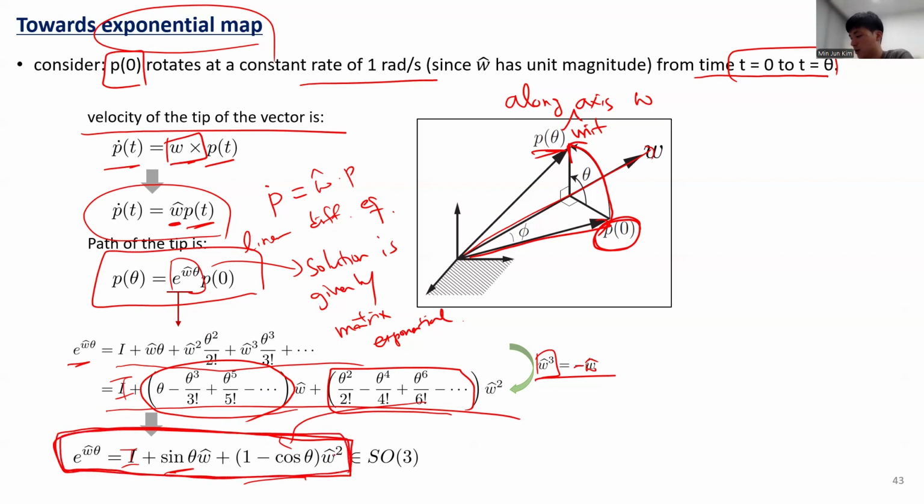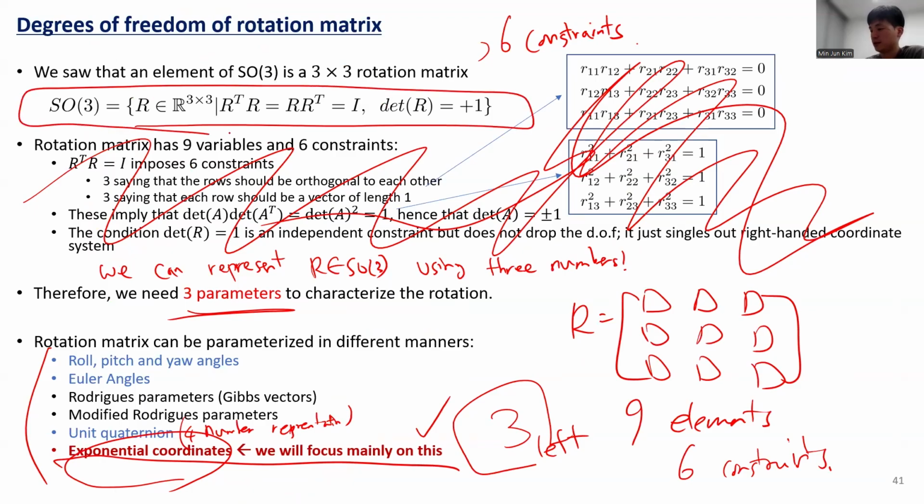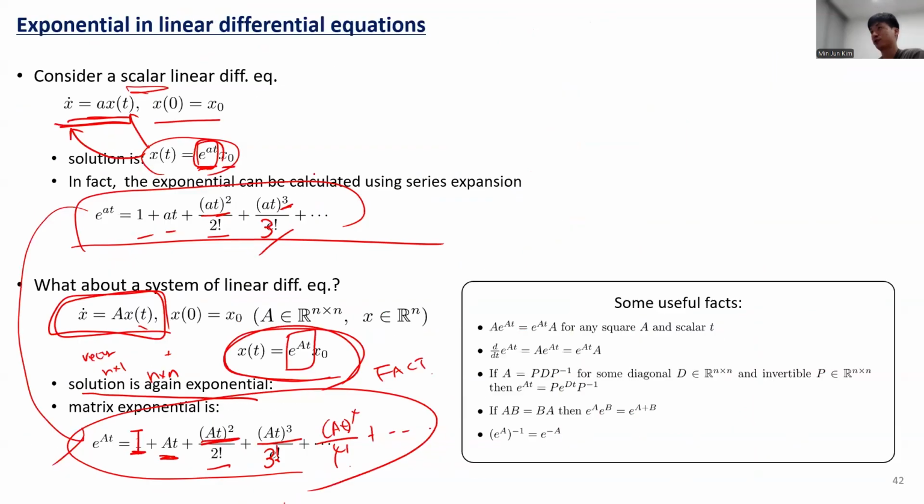And this one has to be a rotation matrix for two reasons. The first reason is that if you just calculate this matrix, then it satisfies the requirements. Okay, these requirements. That's the first reason.